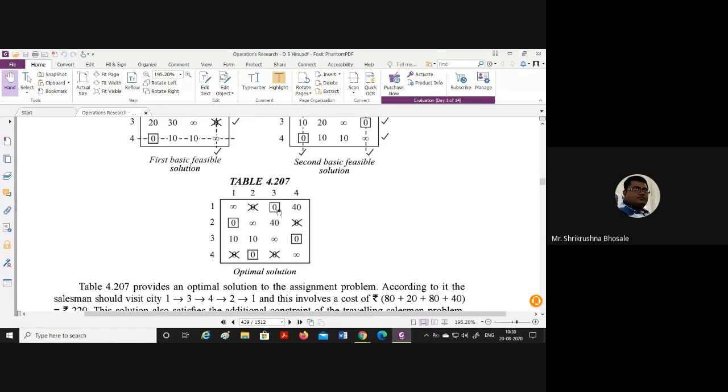From city 1 he will travel to city 2, and from city 2, again he will come back to city 1. So that cyclic route will be completed here only. That's why I have cancelled this 0 and gone further from city 1 to city 3, then city 3 to city 4, city 4 to city 2, and city 2 to city 1.